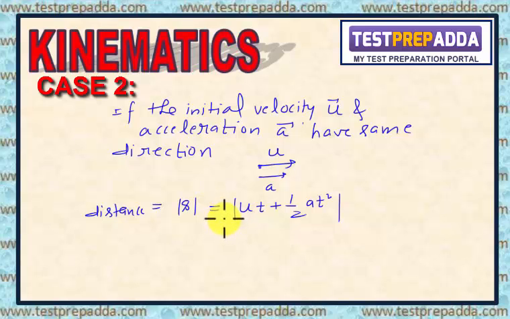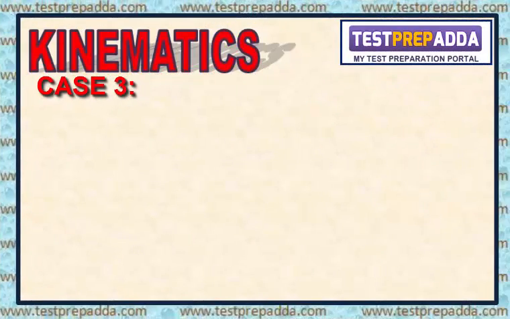Okay. Now I'll talk about case 3. Here, the initial velocity u and acceleration a have opposite directions. And the question says, find distance traveled by the particle in time t seconds. Got the idea?